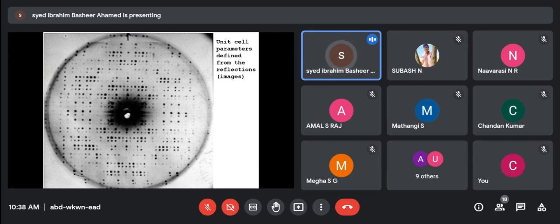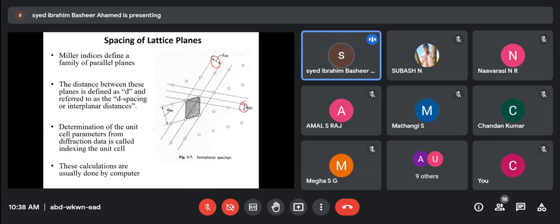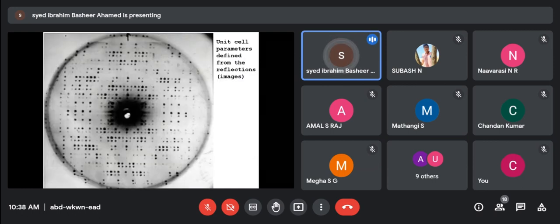So what are these spots? These spots are the diffraction pattern from your lattice points. These lattice points are converted into the diffraction pattern.